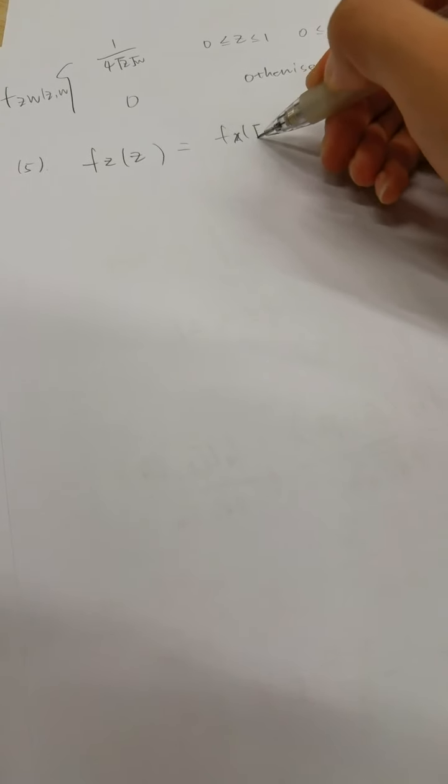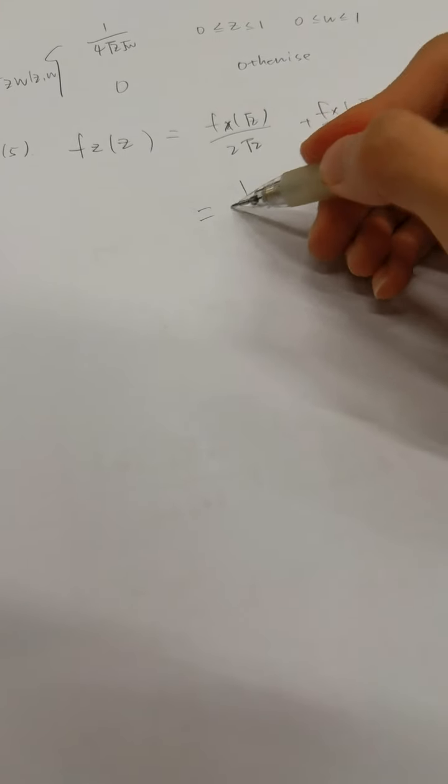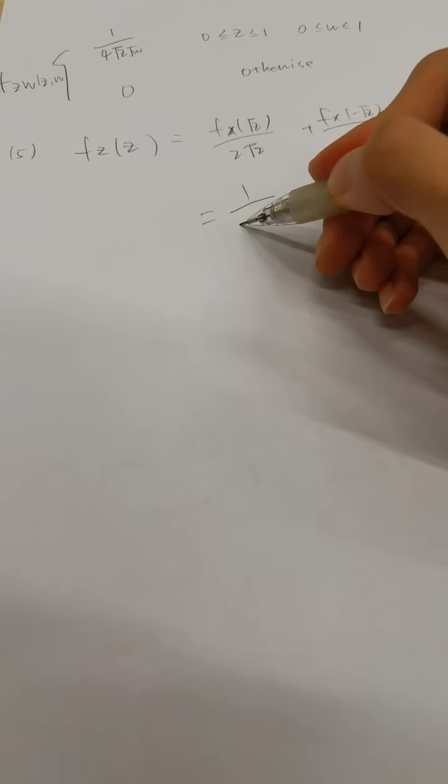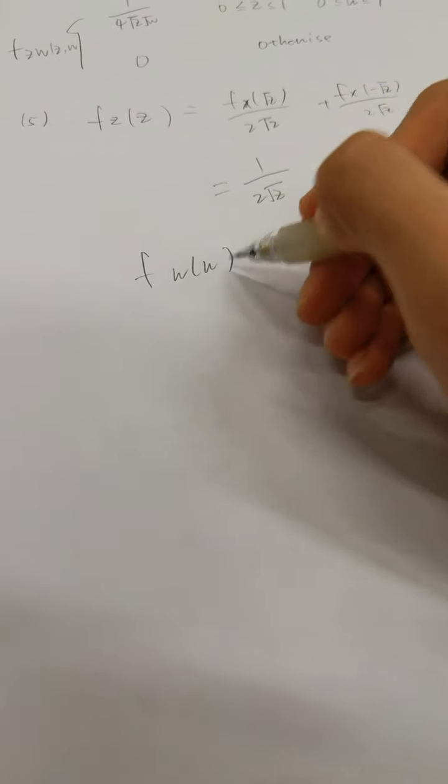which is this one, and we put the function into this part. We can calculate that it is 1 over 2 times square root z, and for w it is the same idea as the above part.